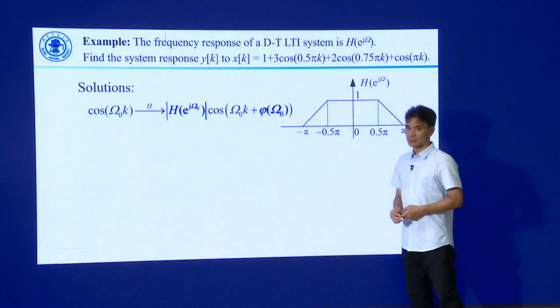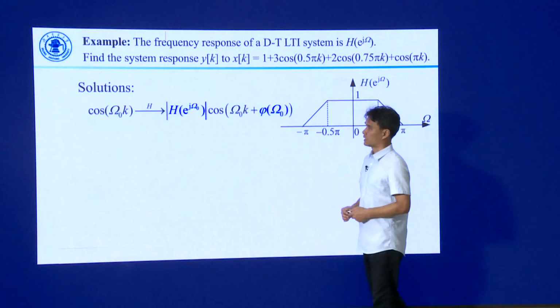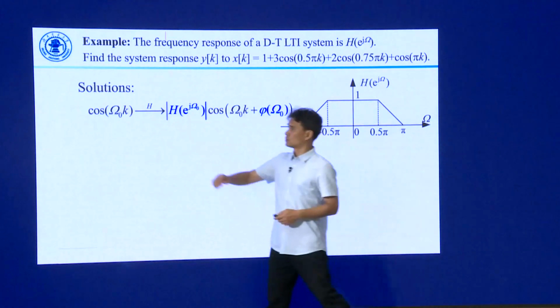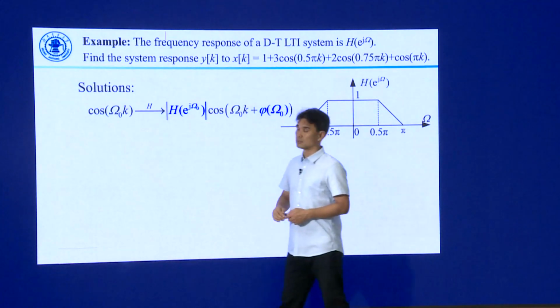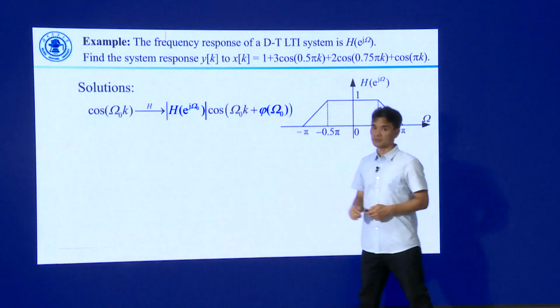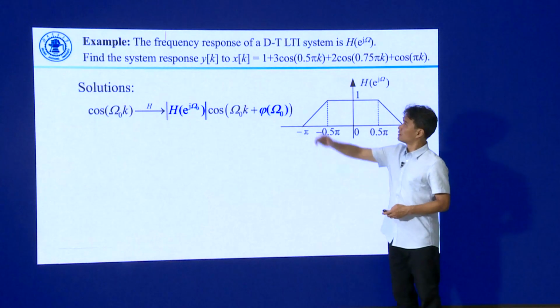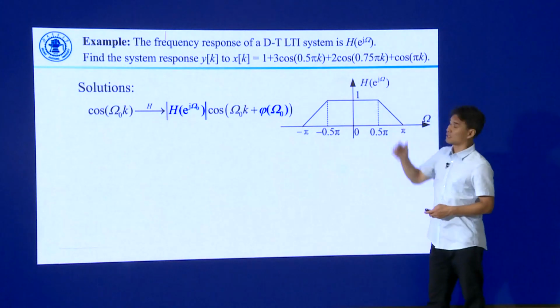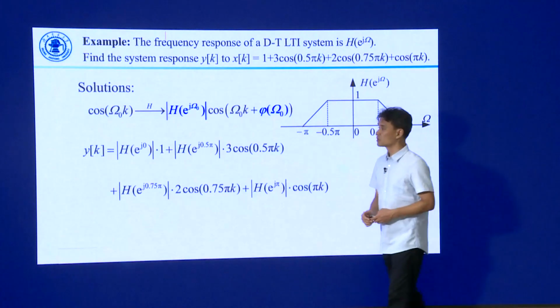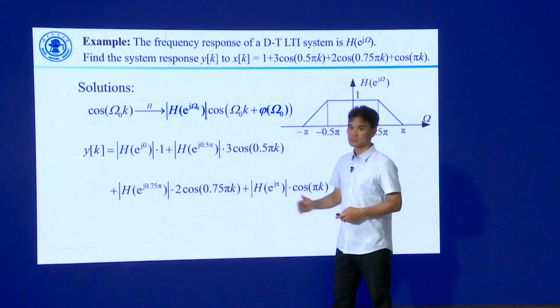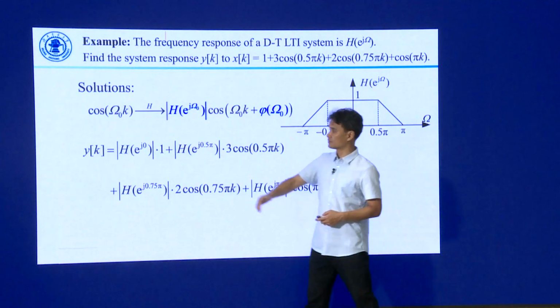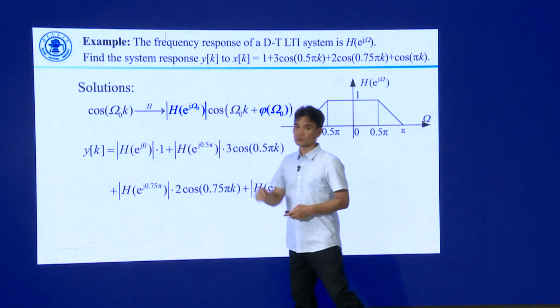We learned already that a discrete time LTI system's response to a cosine function is another cosine function, but modified. The input actually has 4 cosine functions summed up. So each of them will have to follow this rule.